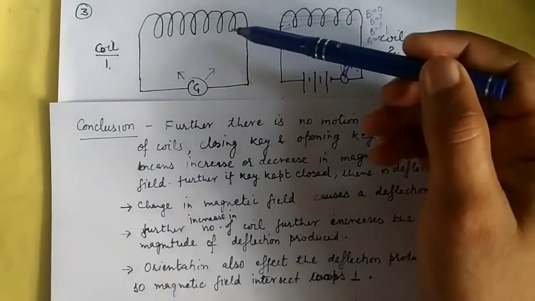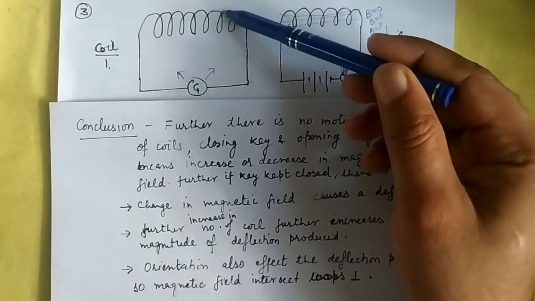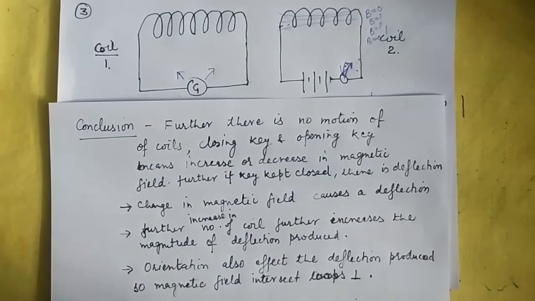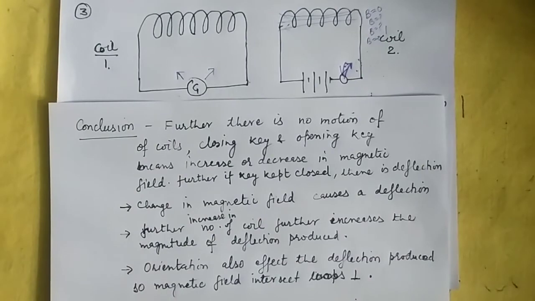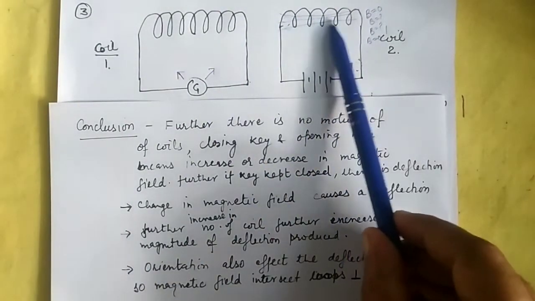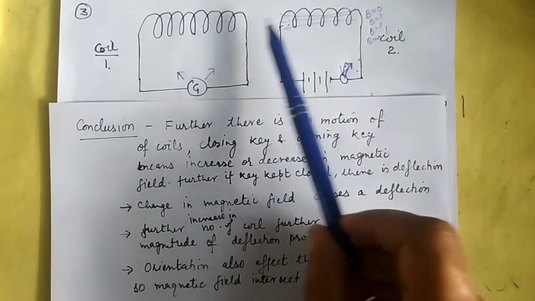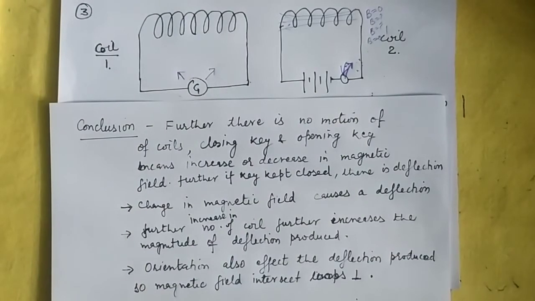It is further noted that if you increase the number of turns, the magnitude of the deflection is again more. If you orient the coil in some other direction, the magnitude of the deflection decreases, or it becomes zero when the two coils make an angle of 90 degrees.